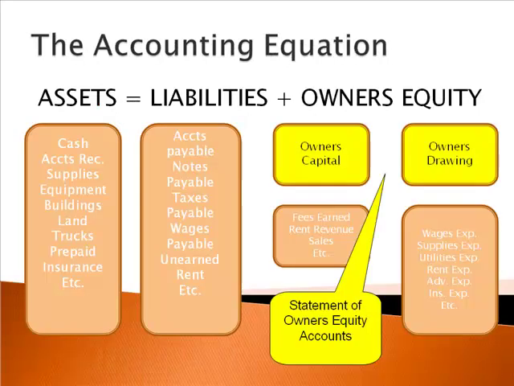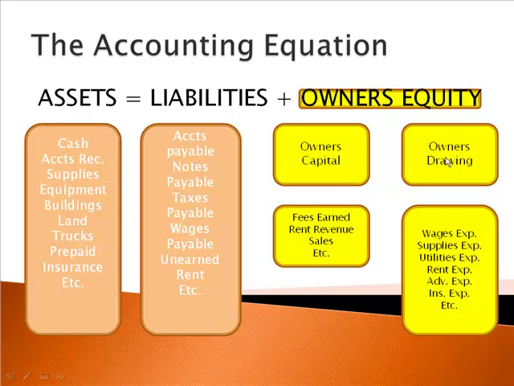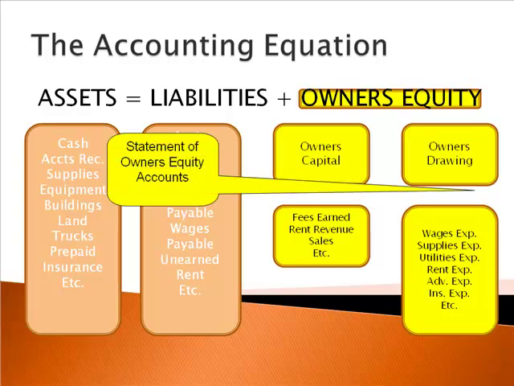Here we're showing a graphic of the accounts that are used in the statement of owner's equity from our accounting equation. And we see that we have the capital account. We're going to need the beginning balance of that. And we're also going to come up with an ending balance in that through the statement of owner's equity. We need to know the owner's drawing account. But we also affect this capital account through the income statement with these particular accounts, our revenue accounts and our expense accounts.